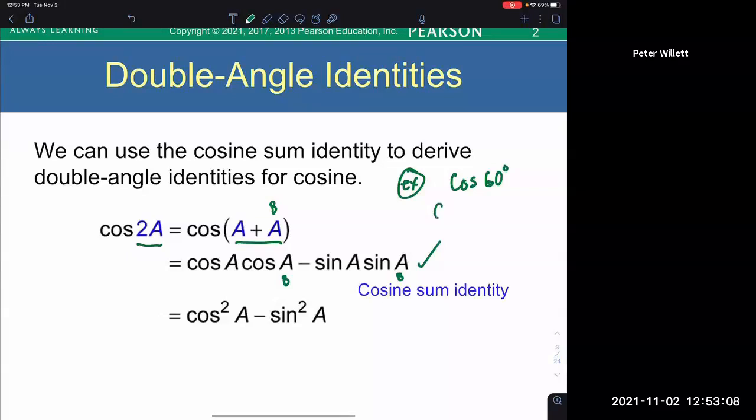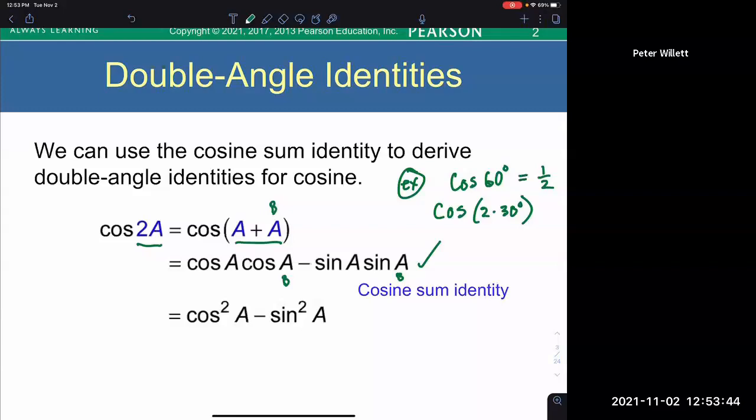So I could think of this as the cosine of 2 times 30 degrees. Now, in this example, we wouldn't need to do that because we can figure out the cosine of 60 degrees. That's one of our commonly used angles. So cosine of 60 degrees, for example, we know is 1/2, because that's the x value of the 60 degree angle in the unit triangle, and that's a 1/2 value.